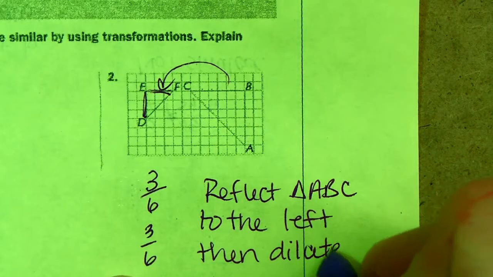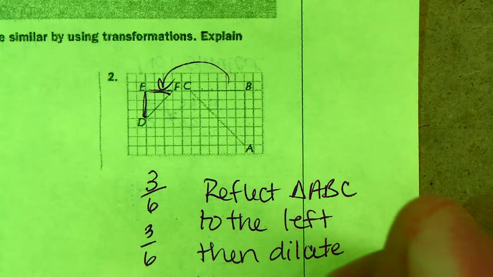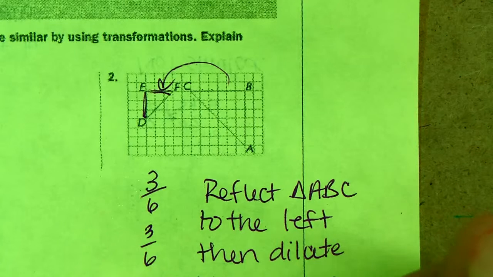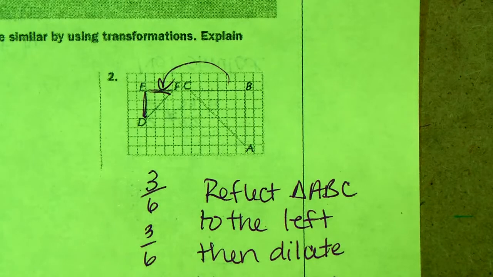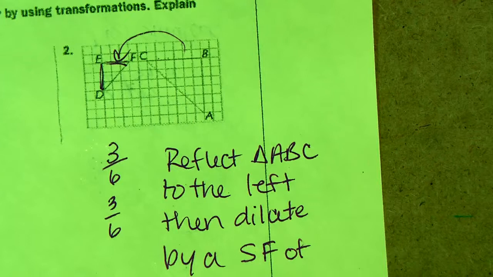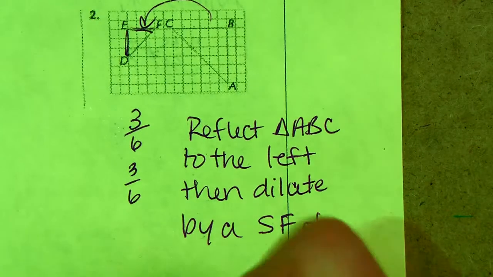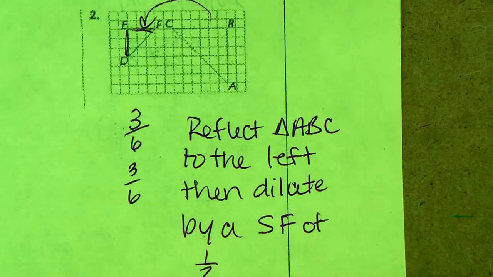If I went from ABC to DEF, that scale factor would be 1/2 because I'm actually going smaller. All right. Moving on, slide number 3.